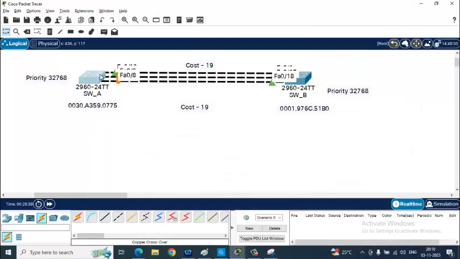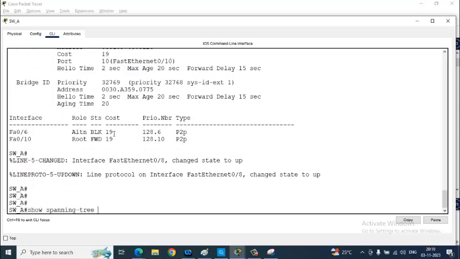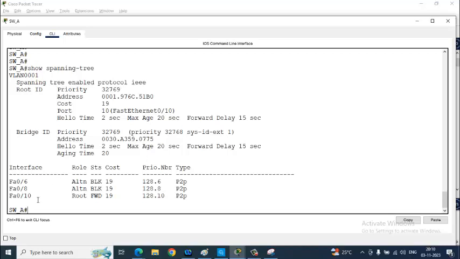Now let us change the scenario. Only one will be forwarding, correct?